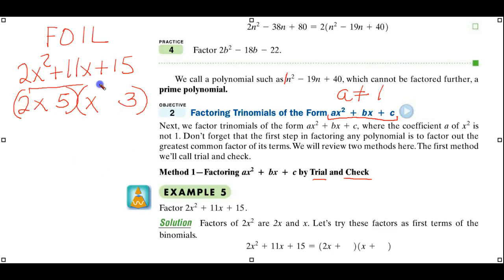Now when we do our outers, we get a 6x. Our inners of 5x, that adds up to 11. And since everything is positive, that's not a challenge at this stage. And again, FOIL this, and we get that.